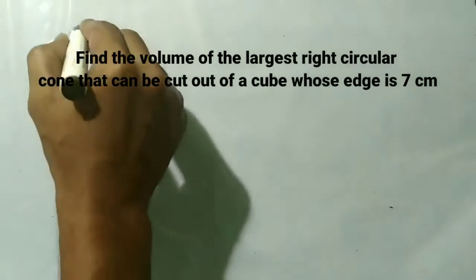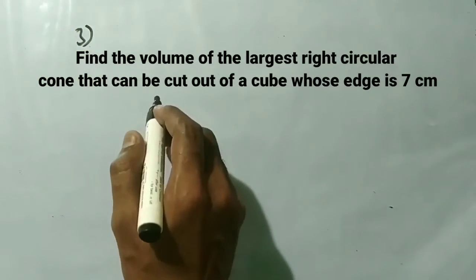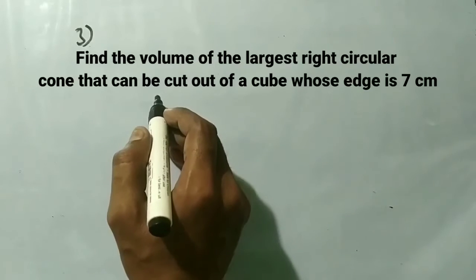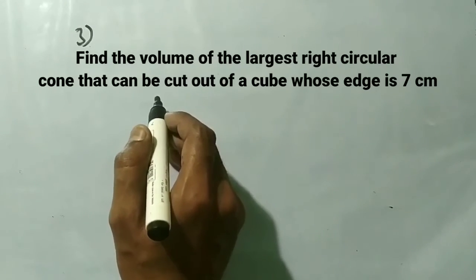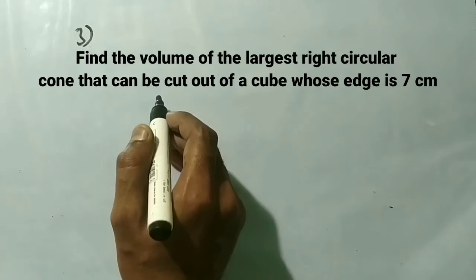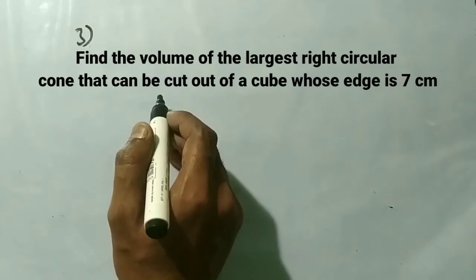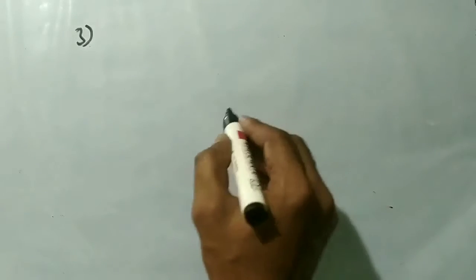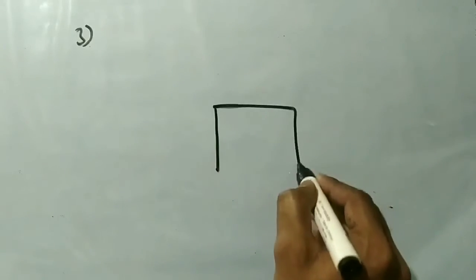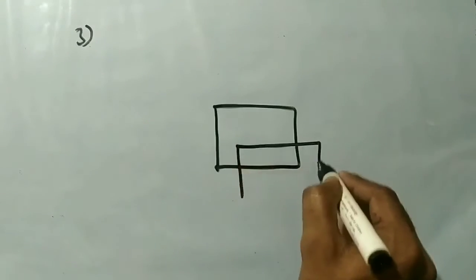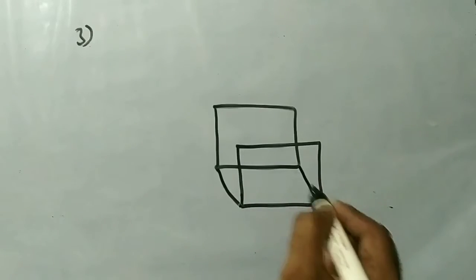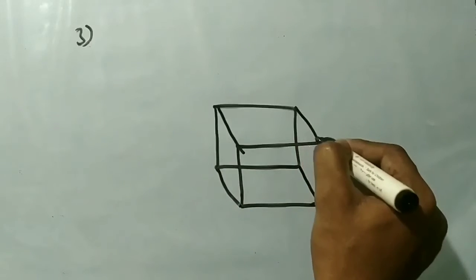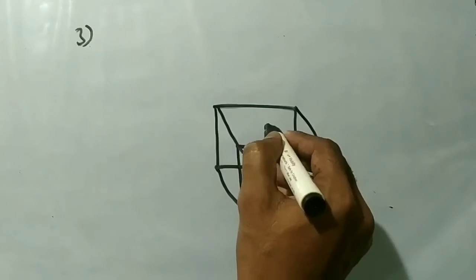Let's take the third question from 10.3, that is, find the volume of the largest right circular cone that can be cut out of a cube whose edge is 7. They are saying that there is a cube. We have to cut a right circular cone from a cube, and it should be the largest.